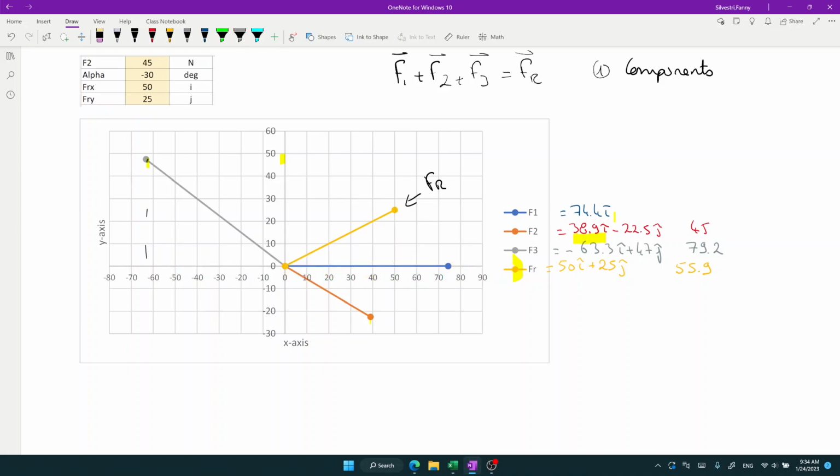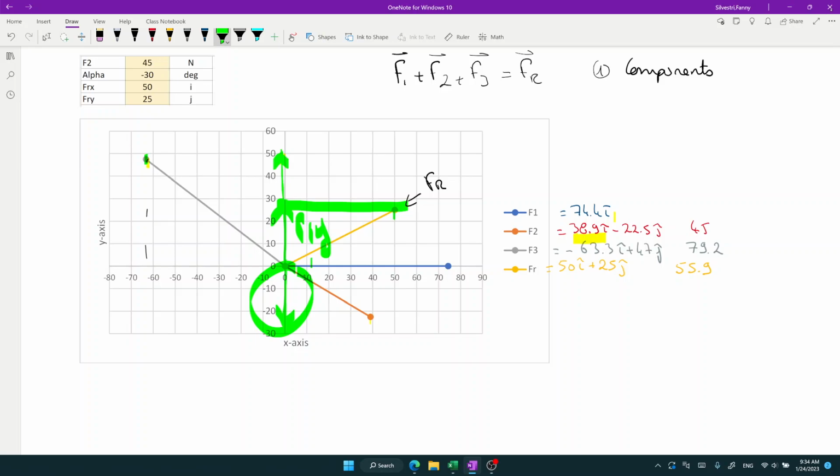For y, I can do the same. I add F1y, which is 0, F2y is down, this one, F3y is up. If I remove this 25 from this one, I go up to there, and it should be equal to the FRy.